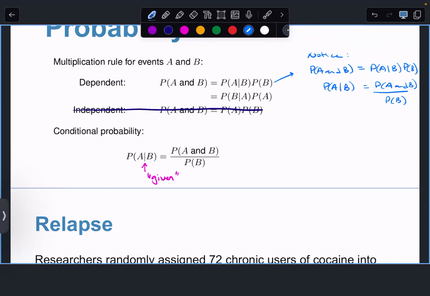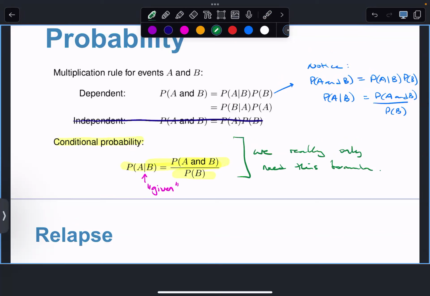So if you're comfortable manipulating formulas like this, I would say you only need this formula here. We really only need this formula. For me, I'm the type of person who only wants the bare minimum on my formula sheet.